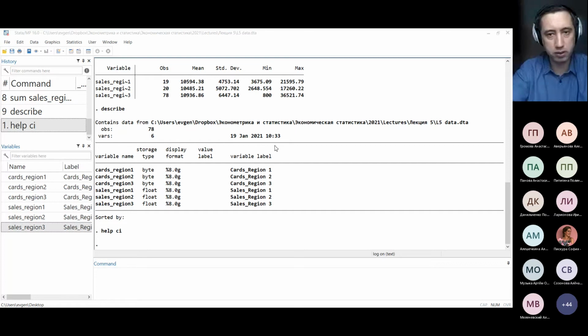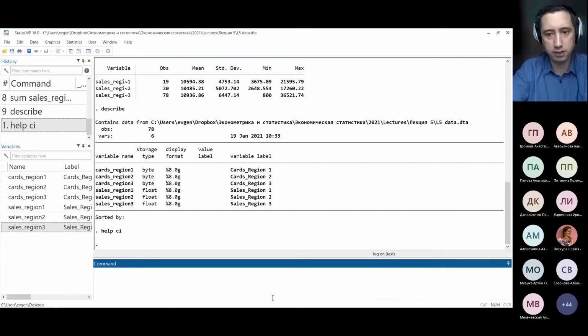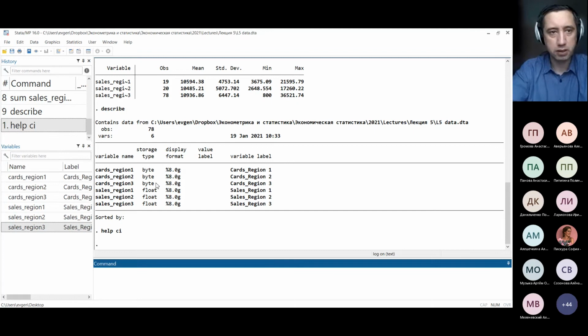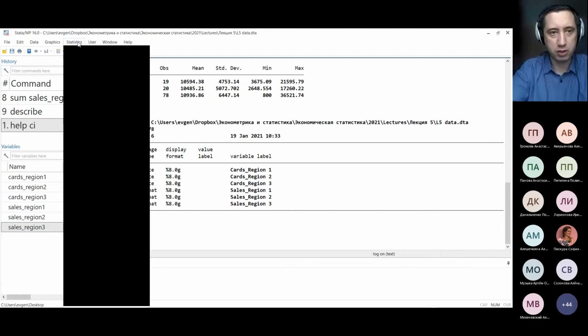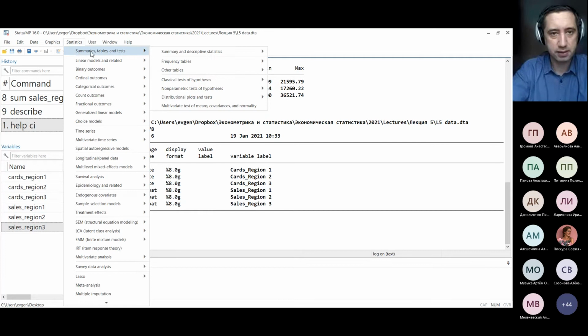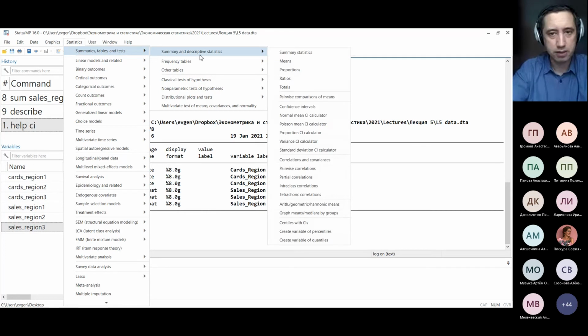This is the route to calculate a confidence interval manually. Look, statistics, summaries, tables, and tests, summary and descriptive statistics, and look, we have the confidence intervals option.